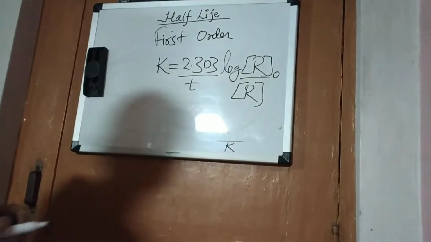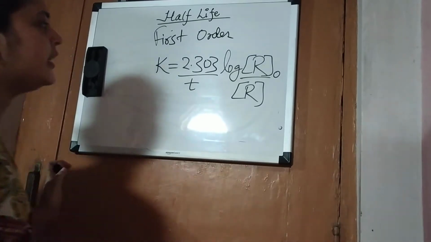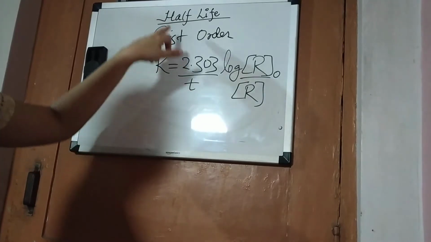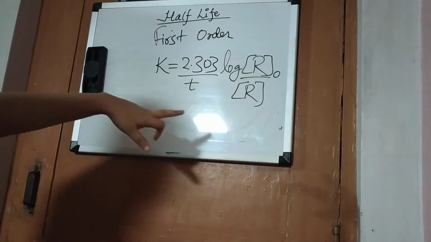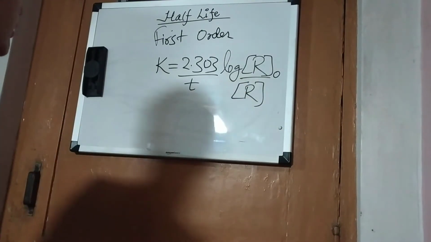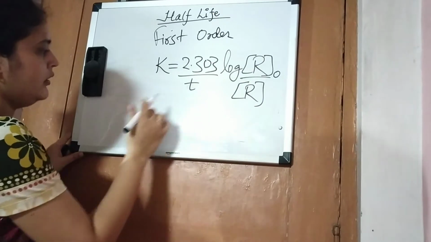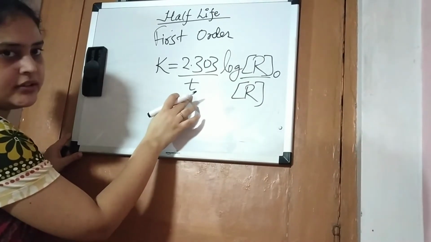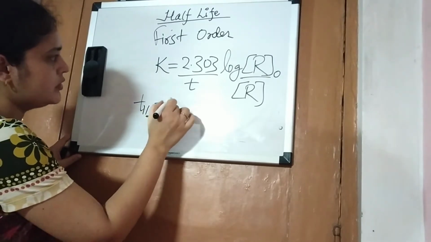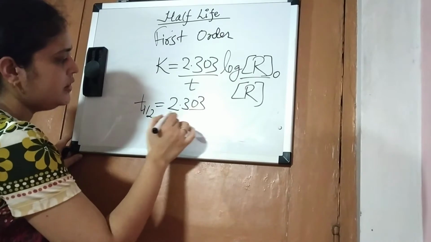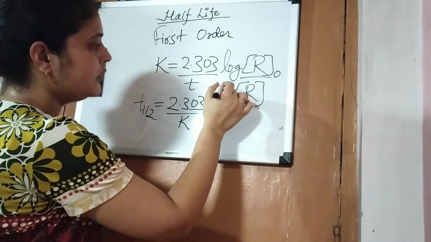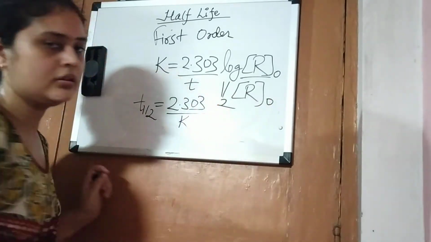So this is the K for first order reaction. Now we will put T half instead of T, because we are finding the half-life, and instead of R we will put 1 by 2 R naught. And I will interchange the position of K and T. So here T half will be equal to 2.303 upon K, and here log R naught upon 1 by 2 R naught, right?